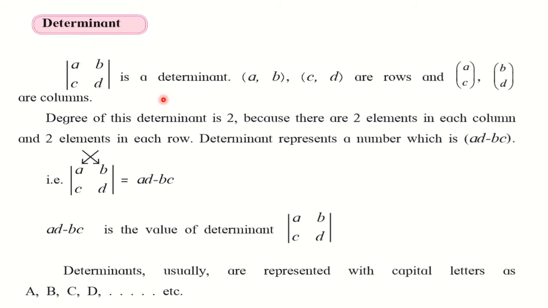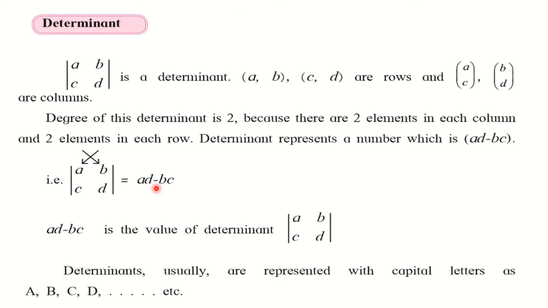Therefore, the degree of this determinant is 2, because there are 2 elements in each column and 2 elements in each row. Now to find the value of this determinant, we have to go for cross multiplication like this. A into D is AD, and minus sign is by default present there.